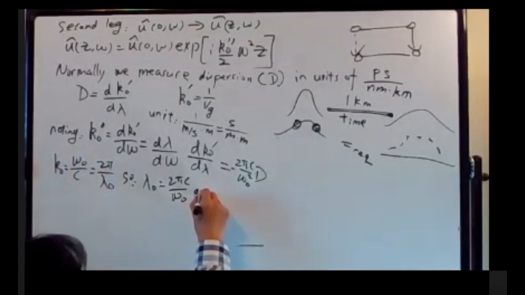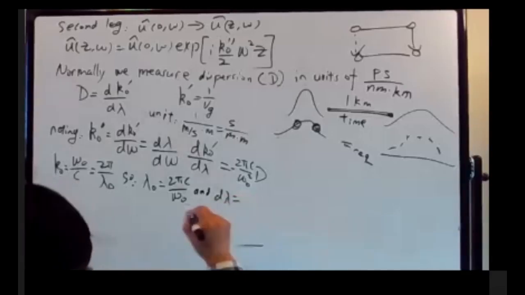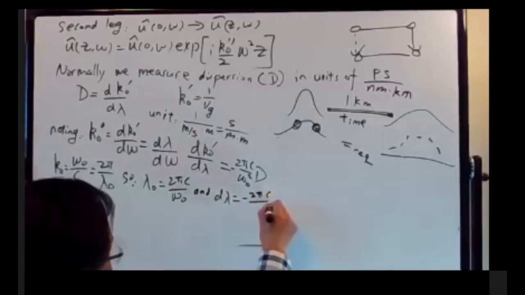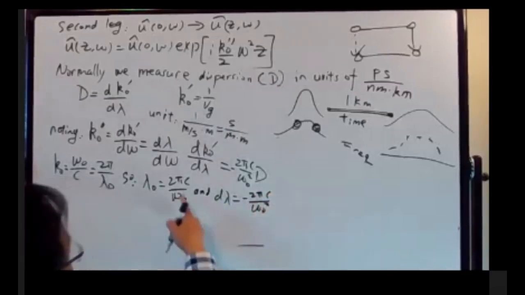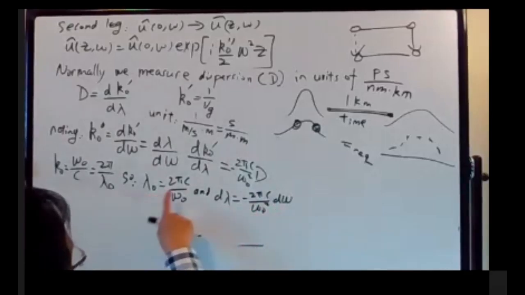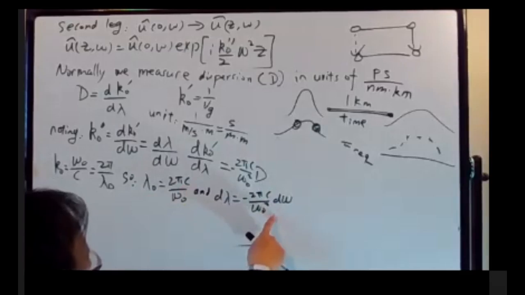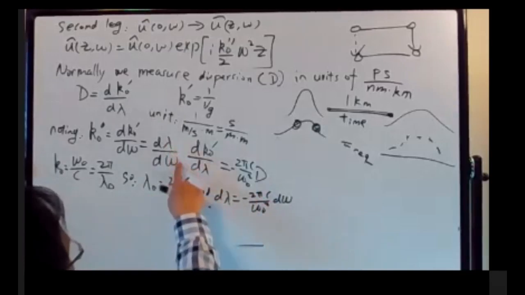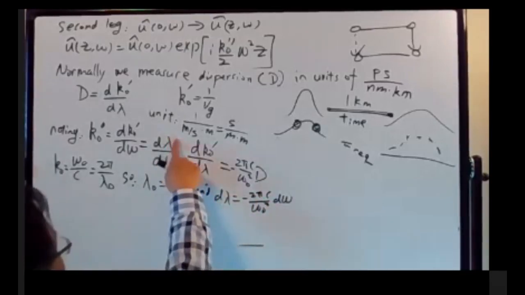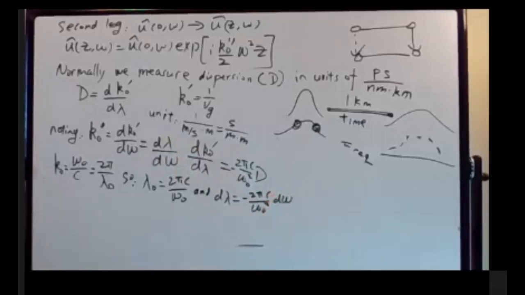And d lambda is negative 2 pi c over omega naught square, right? Take the derivative with respect to omega. So we take a derivative, 2 pi c, omega naught to the power of negative 1, we have negative 2, right? So it's in the denominator, d omega. So d lambda over d omega is negative 2 pi c over omega naught square.